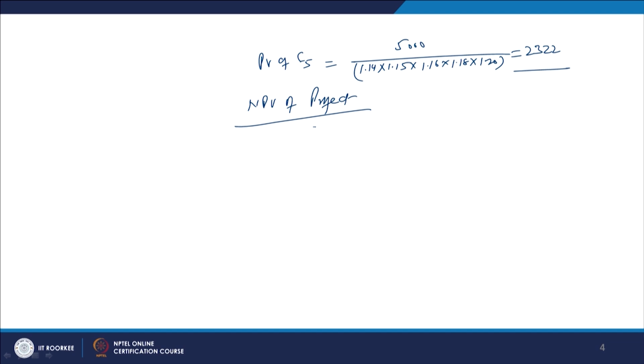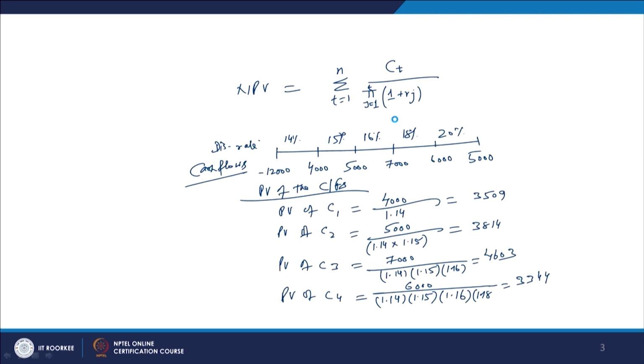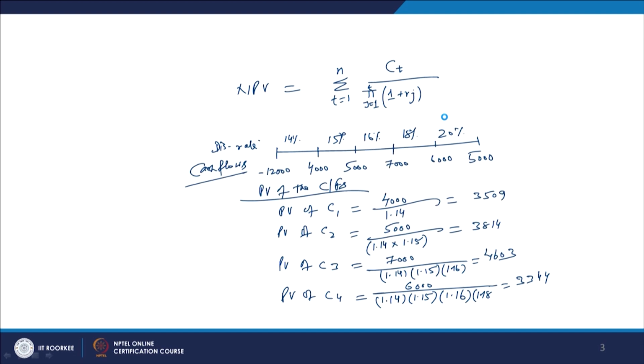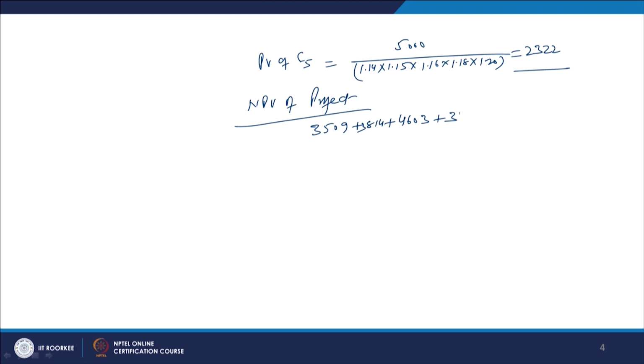The first value was 3509, second value was 3814, the next value was 4603, the fourth value is 3344, and then 2322. Now if you sum them up, the investment we have made here is 12,000 rupees, so minus 12,000 rupees. So, NPV of the project becomes Rupees 5592. This is the NPV of the project.